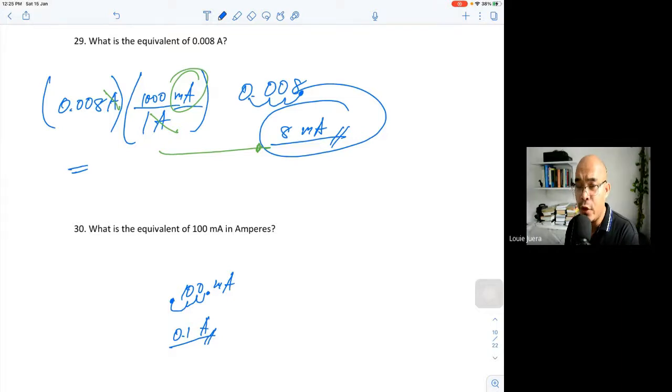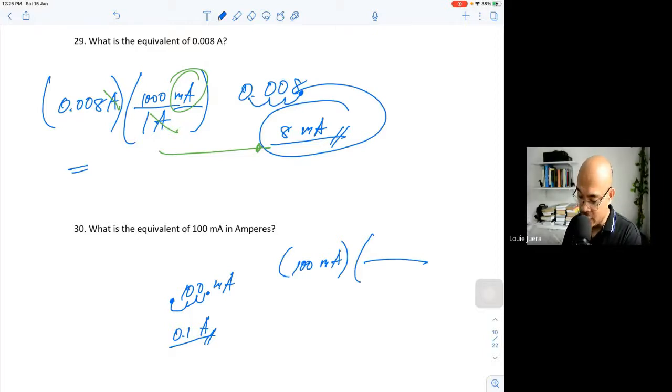If you are not really good at left and right, you can solve using the conversion factor. So let's have 100 milliampere, and the conversion factor in this particular case should be rotated, because what we want is the ampere. If you want to come up with the ampere, it should be placed in the numerator.